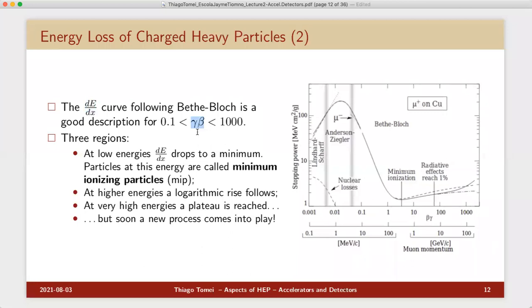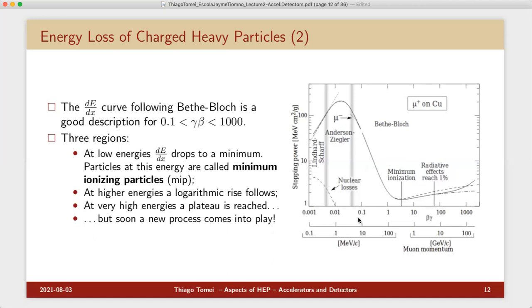It's really the relativistic gamma and the relativistic beta, but since beta converges to 1. If you look at this, for instance, this is muons on copper. So how much energy muons lose on copper as a function of the muon momentum, or equivalently of the beta gamma product of the muon.